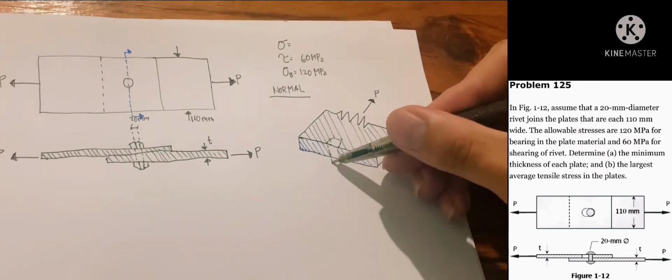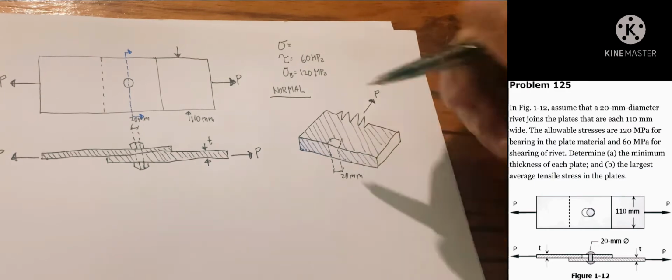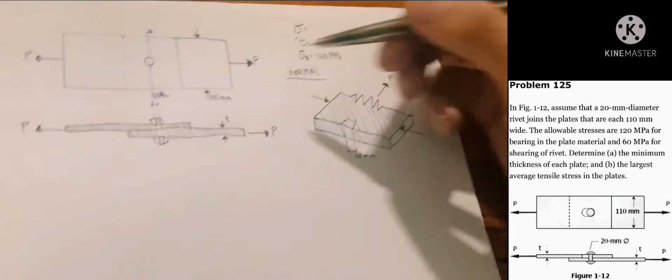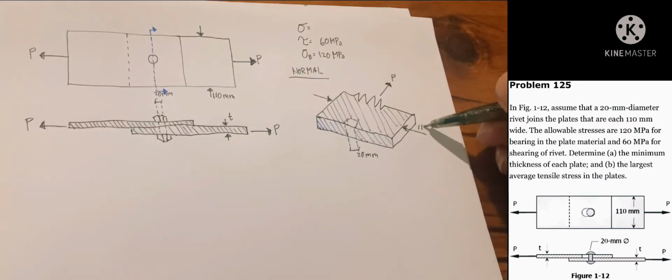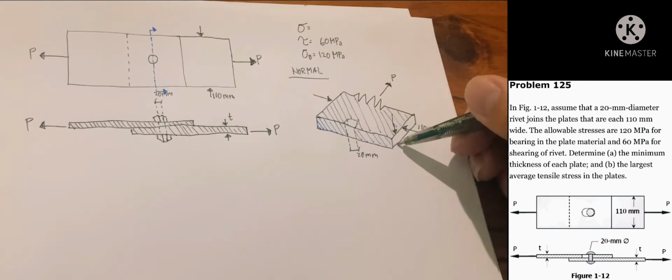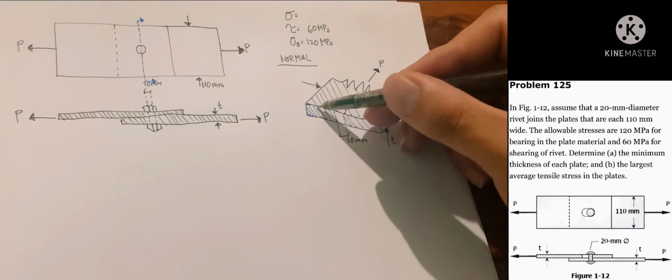Where the area is less, that is where our maximum, that is the limit. So I shaded the perpendicular area with our blue pen, right?